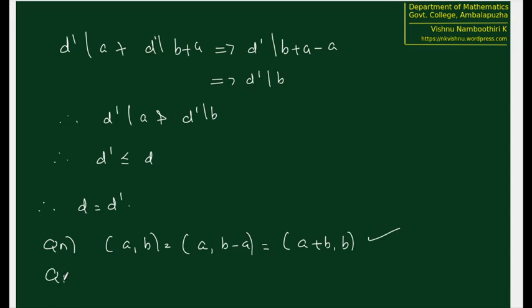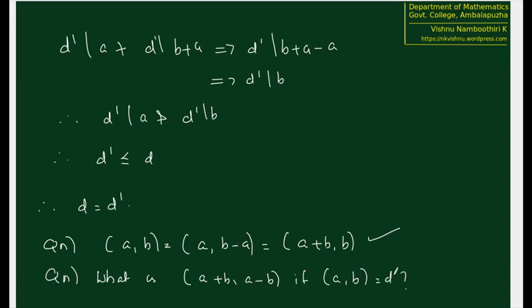Now, we added one number to the other and left one of the numbers the same. The question now is, what is the GCD of A plus B and A minus B, if the GCD of A and B is equal to D?